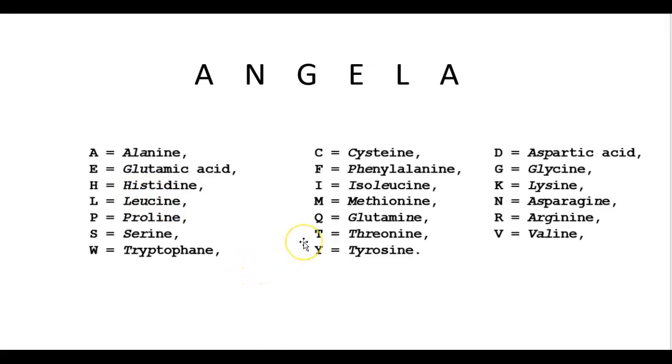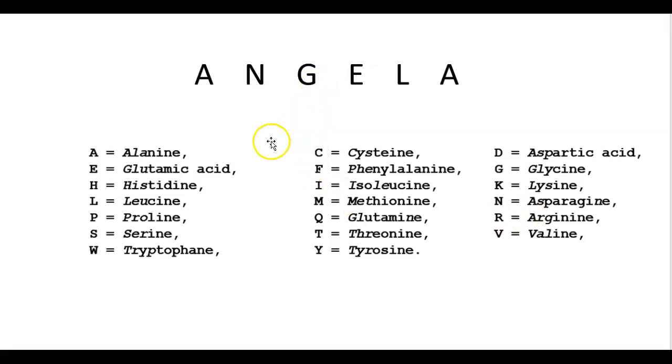So what we are going to do now is we try to match our letters in the name with the amino acids. And we see that we've got an A at the beginning, so we know already that this stands for alanine. The second letter is an N, and we find this here as N is the abbreviation for asparagine.